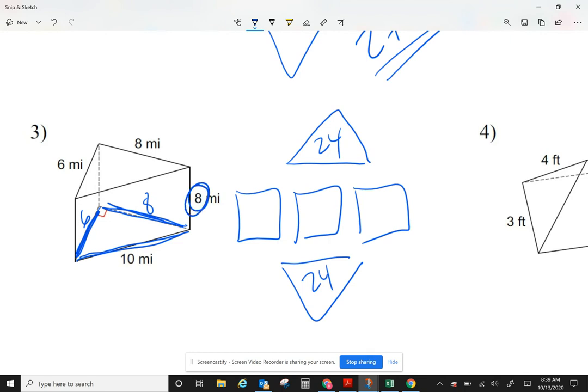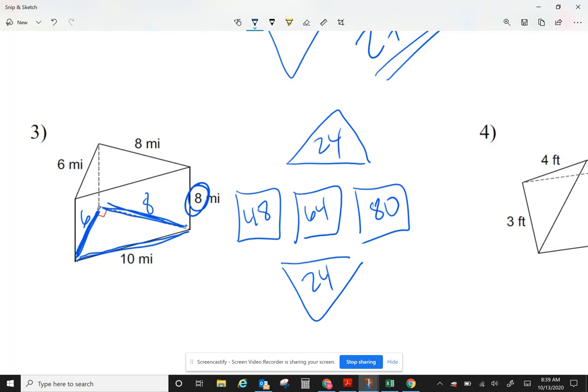In this case, 8. I'm going to multiply that 8 to each side of my triangles. I'm going to go 8 times 6, 8 times 8, and 8 times 10. It doesn't matter which order you write them, as long as you write all 3.